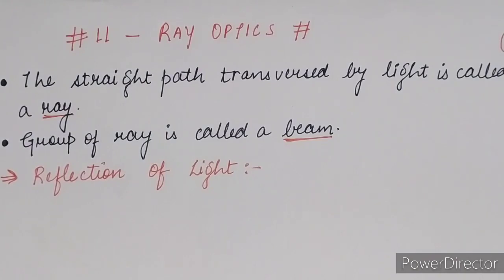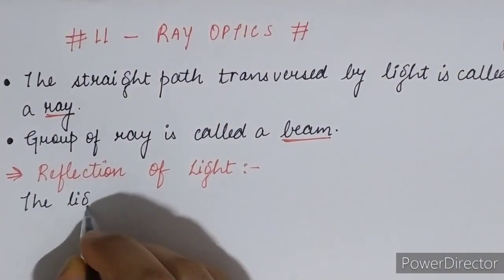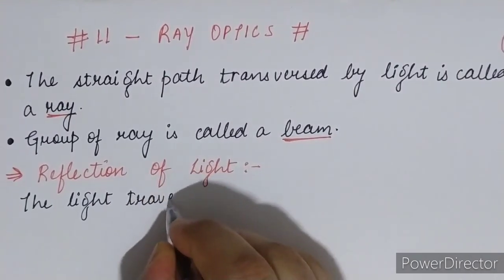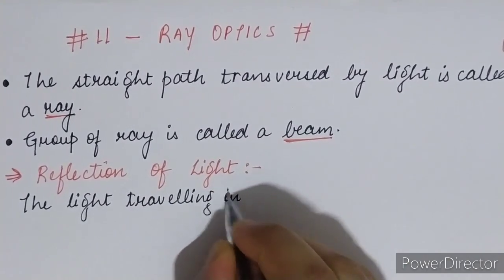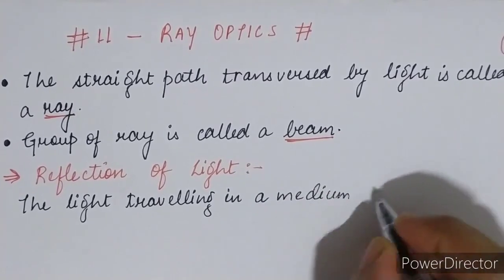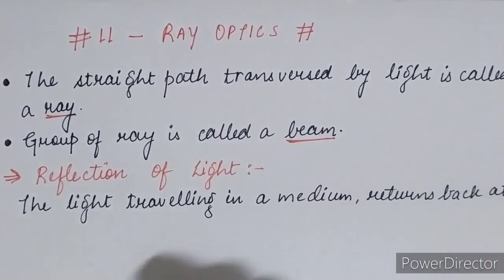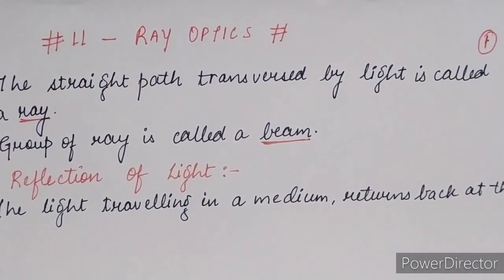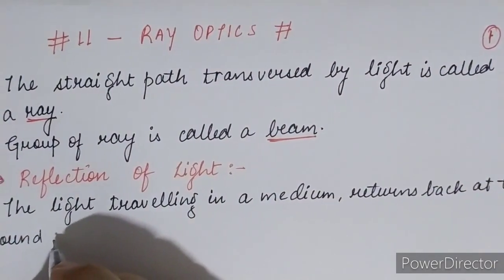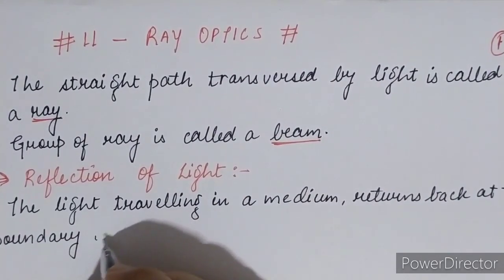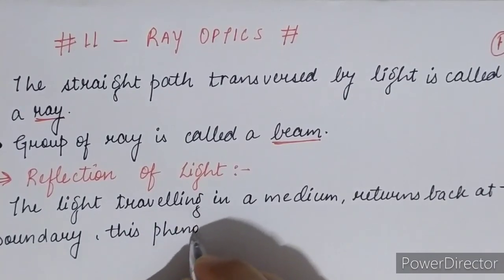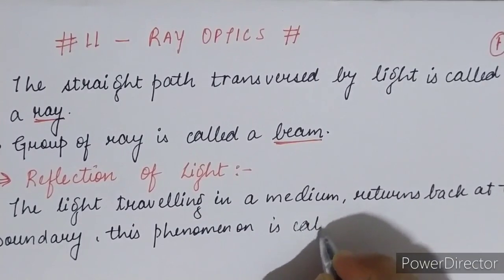When light traveling in a medium returns back at the boundary, this phenomenon is called reflection.